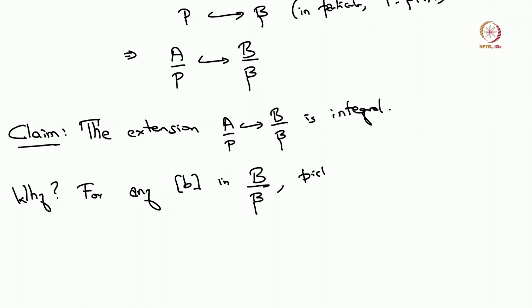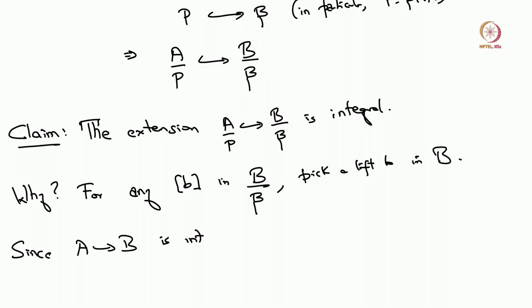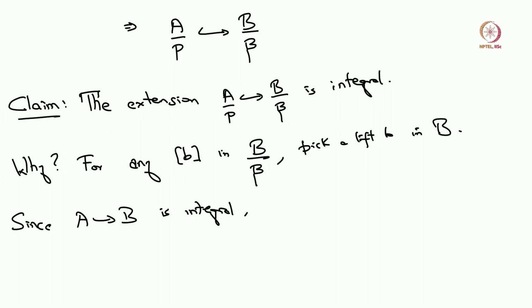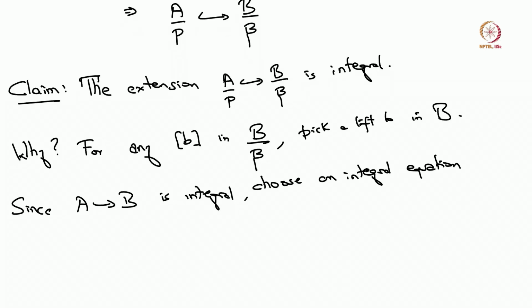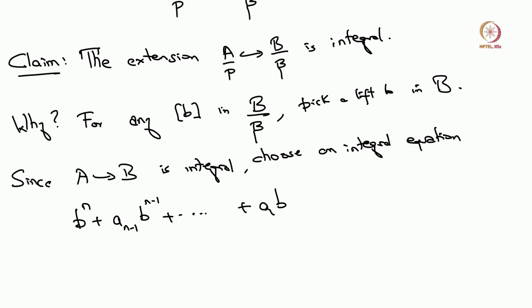You just pick a lift B in the ring B, and since the extension A into B is integral, you can find a monic equation over A for B. So choose an integral equation satisfied by B over A. So let's say it's B to the n plus a_{n-1} B to the n minus 1 plus so on and so forth, a_1 B plus a_0 equals 0. And here all the coefficients a_{n-1}, and so on, a_1 and a_0, all lie in A.